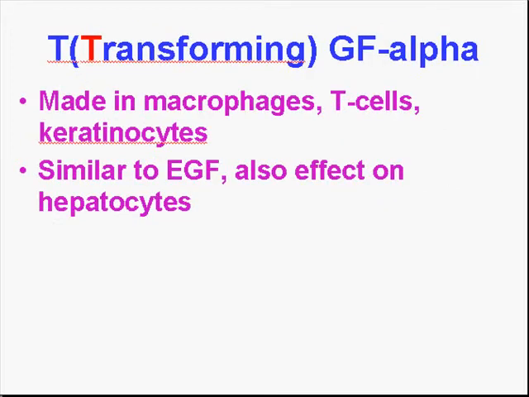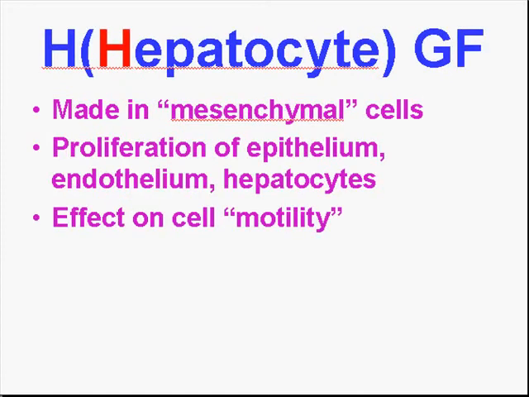Transforming growth factor, there's an alpha and there's a beta, and they're not really too well related to each other. The primary one, transforming growth factor alpha, is made by macrophages and T cells and keratinocytes. And what does it do? It does pretty much what EGF does, and it also has an effect on hepatocytes as well. There is hepatocyte growth factor, however, which has a direct effect on hepatocytes, but it was also discovered in epithelium.